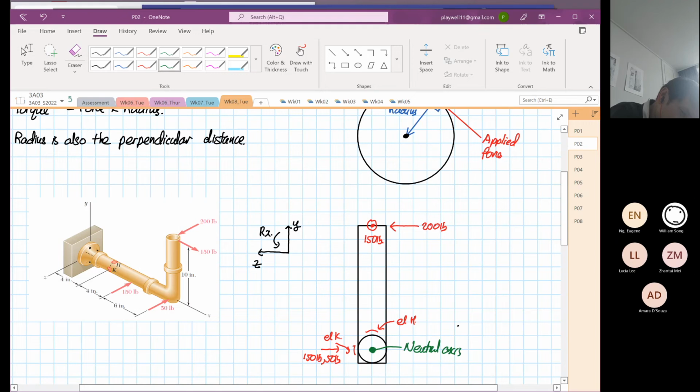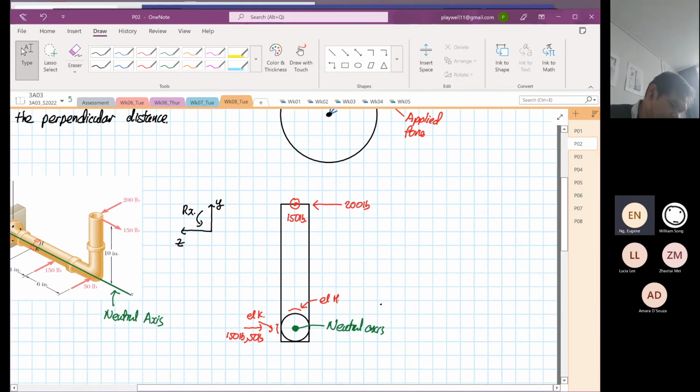That is the position of our neutral axis. The only forces that we have to consider for this case are the arrows, right?